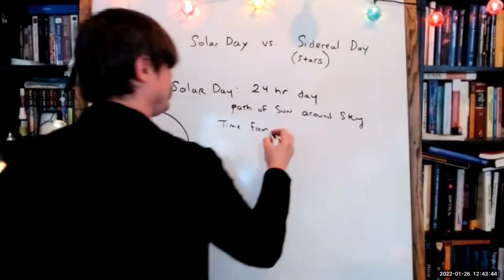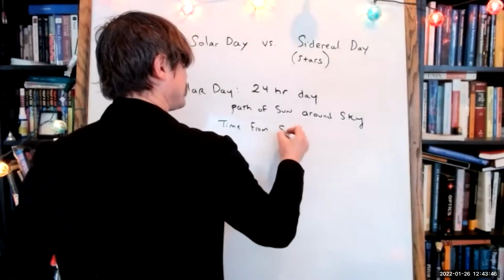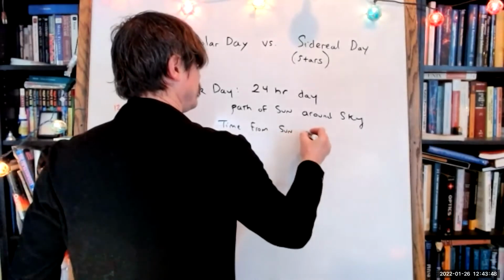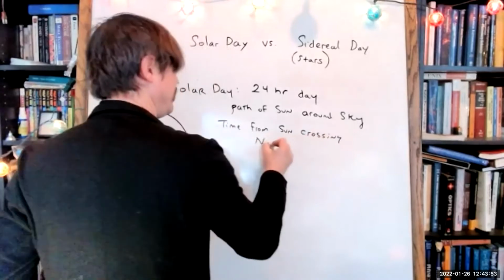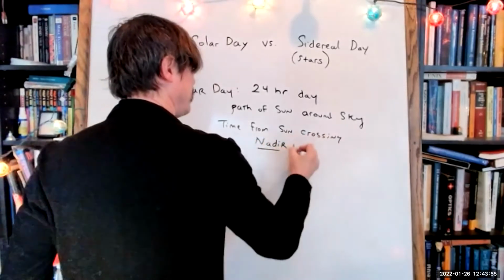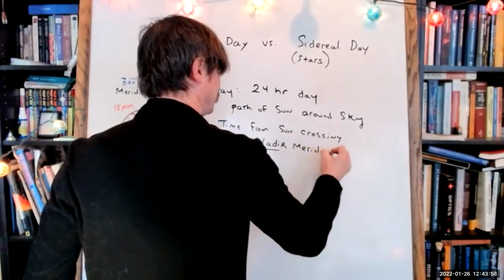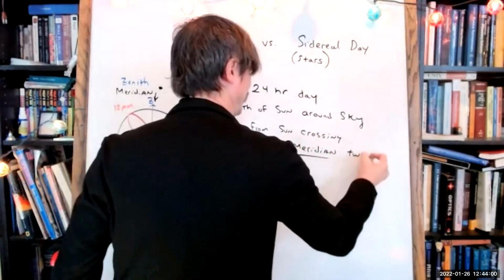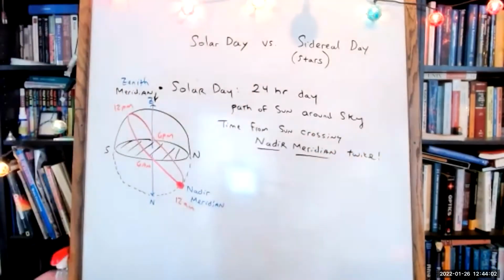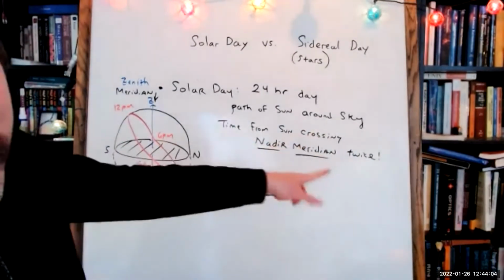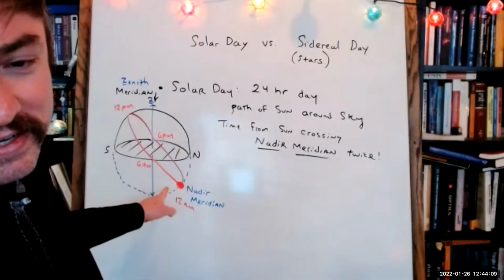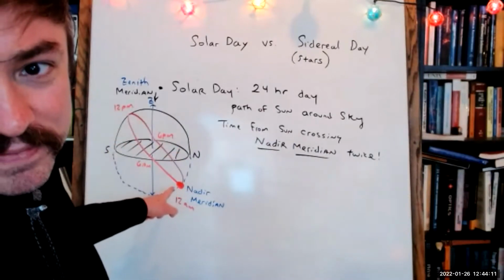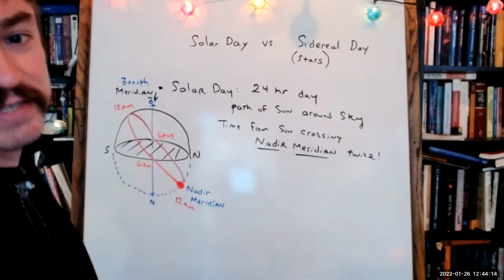So if I want to be technically correct, it's the time between the sun crossing the Nadir Meridian twice, from midnight back around to midnight. That's a little bit awkward. Am I making sense there, or am I confusing the bejesus out of you? Okay, Daniel at least understands me, okay.